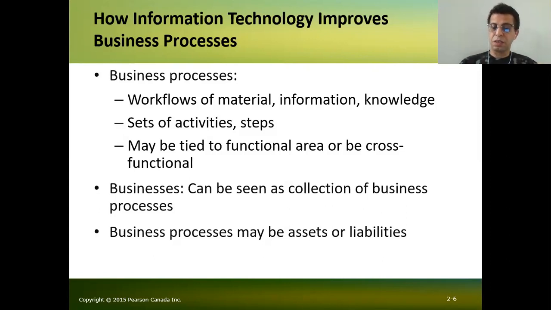A business can be seen as a collection of business processes, as we said, and business processes may be assets or liabilities. If a business process is inefficient or not necessary, that makes it a liability. And if that business process is part of an important activity, that makes it more important.